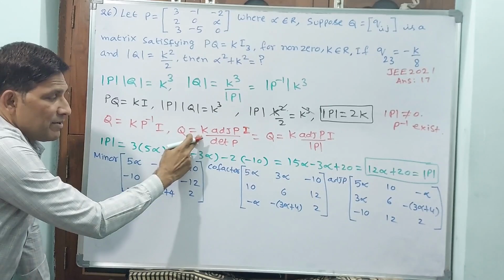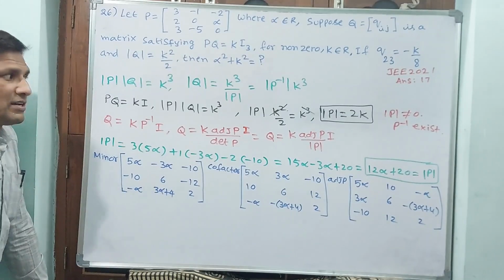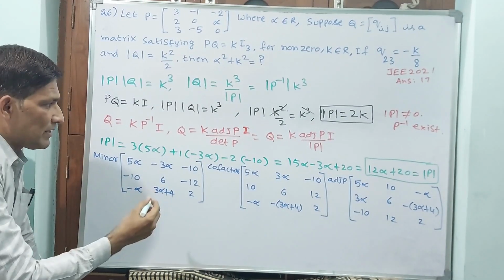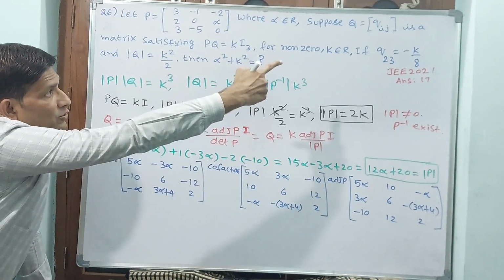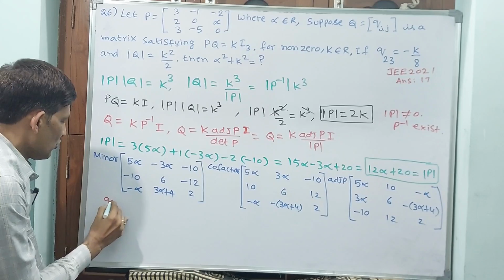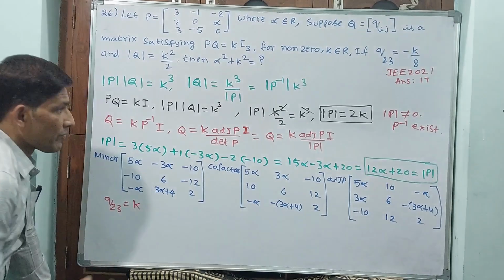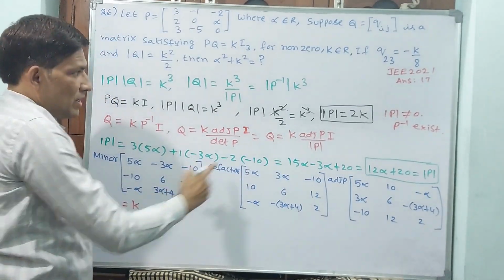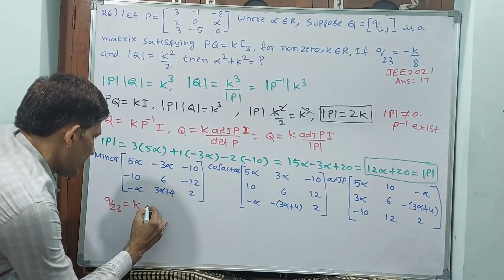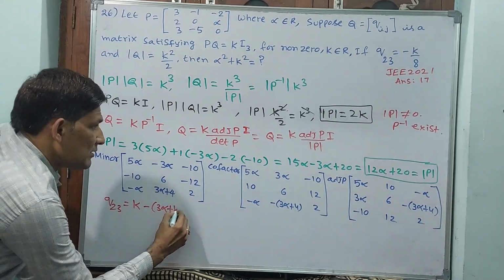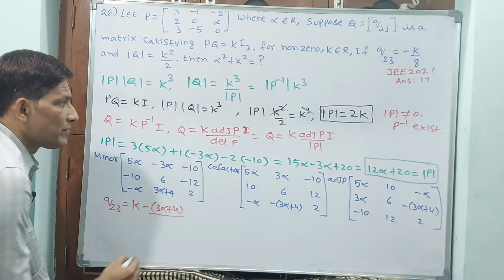Q means K into adjoint P by determinant P. And now once again I am writing Q23, because Q23 is what they have given. Q23 is equal to K times adjoint P 2, 3, that means second row, third column, minus of 3 alpha plus 4, divided by determinant P.